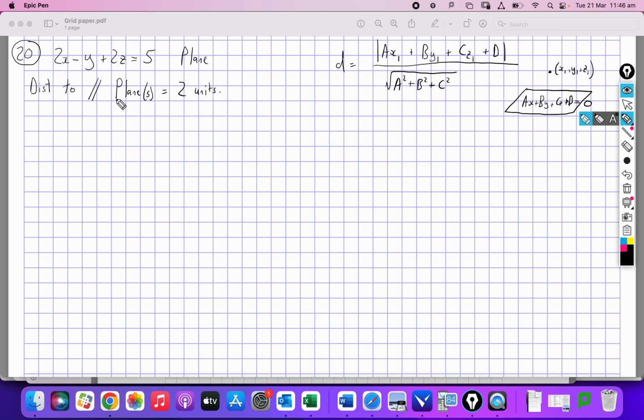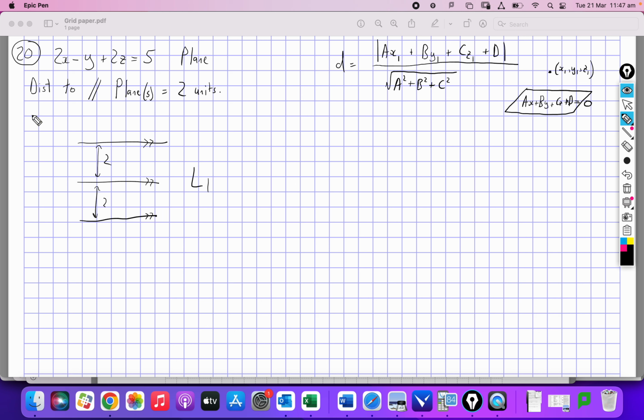Now, the reason why there's two planes is because these are parallel planes. I've written parallel there. Just like if you had lines, so they give you this line, and you say, all right, well, there's another line 2 units apart, but there would be a third line, right, if these were all parallel to each other.